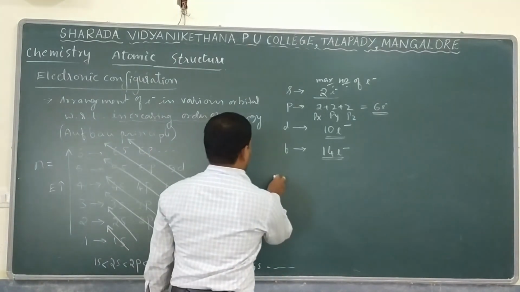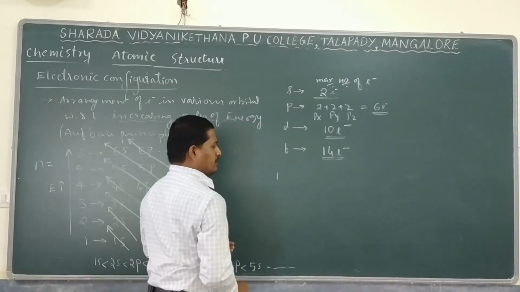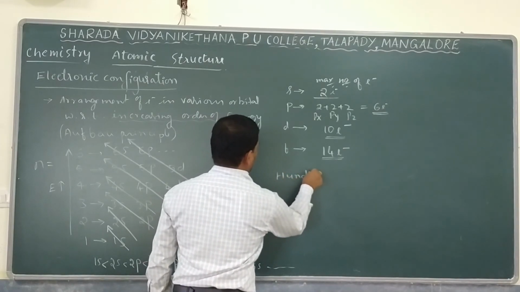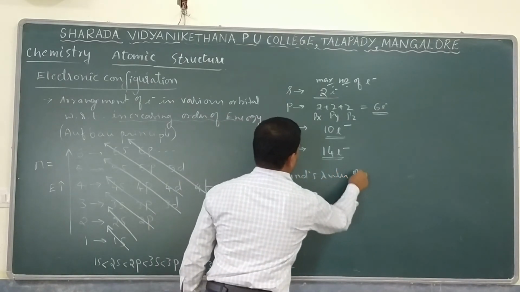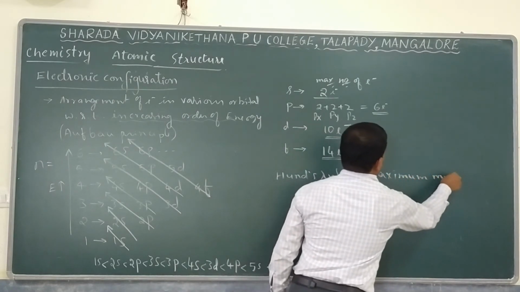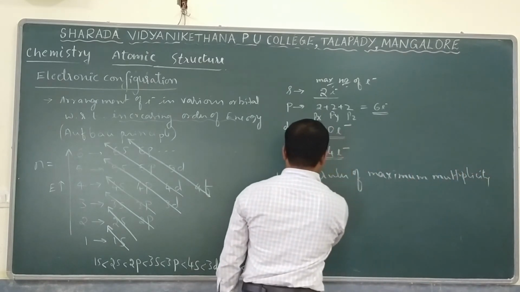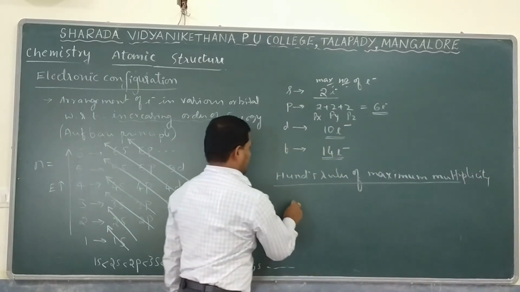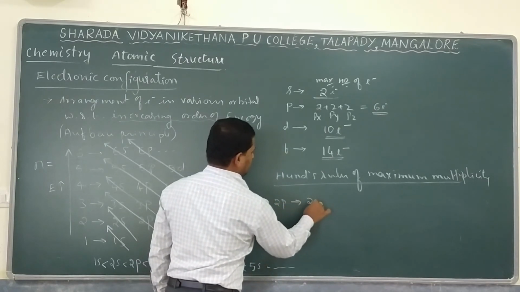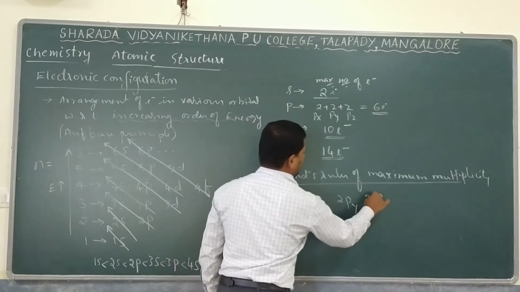Another rule normally used while writing electronic configuration is Hund's rule of maximum multiplicity. Here one question arises. In the case of 2p, totally 3 orbitals are there: one is 2px, another is 2py, and another is 2pz.